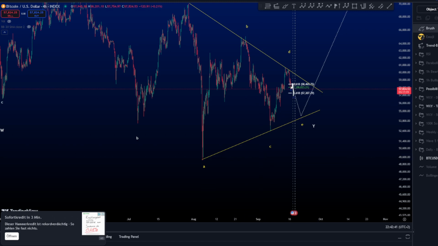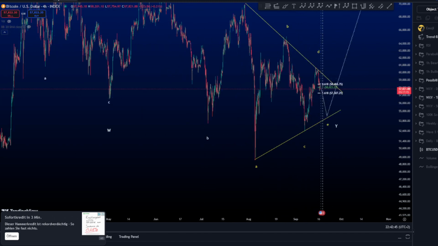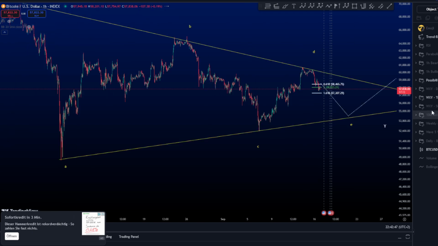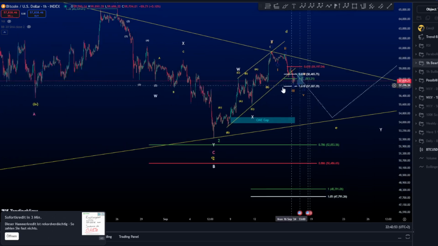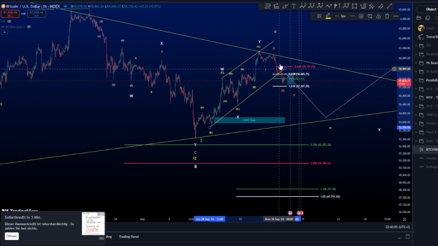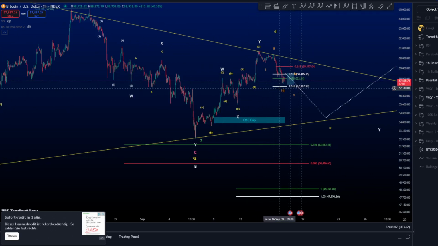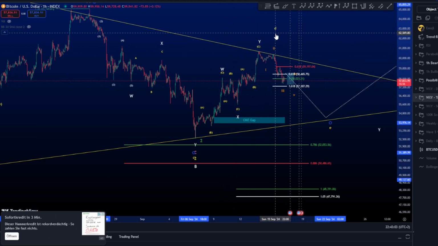However, now we have blended those two scenarios, this one and the bearish one that we are currently in, the WXY. After the WXY, I would say now I can remove, of course, these trend lines because it's done. There is no impulse towards the upside anymore. It's just WXY.